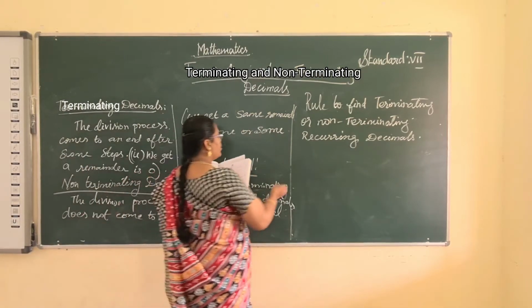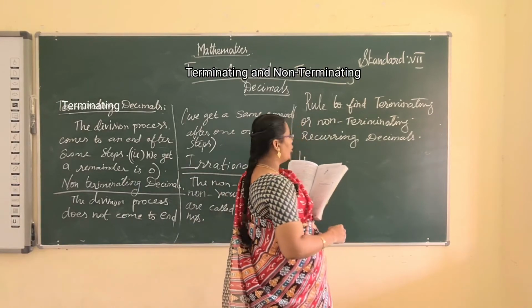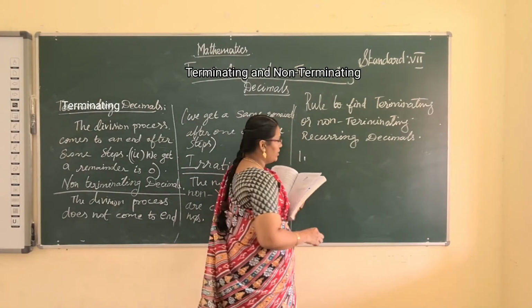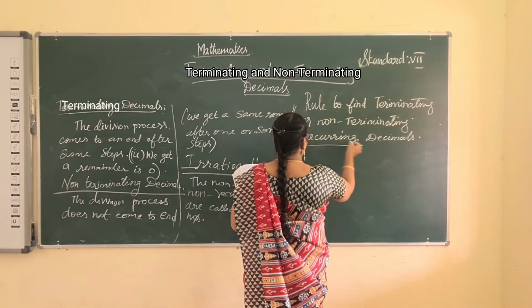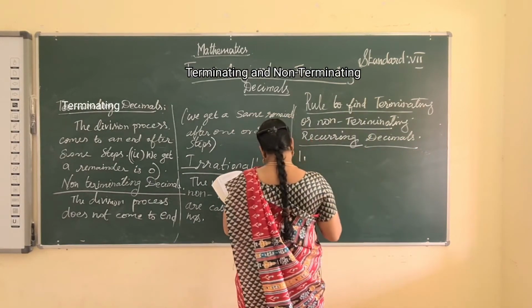The first one, rule number 1, to find out terminating and non-terminating decimals.